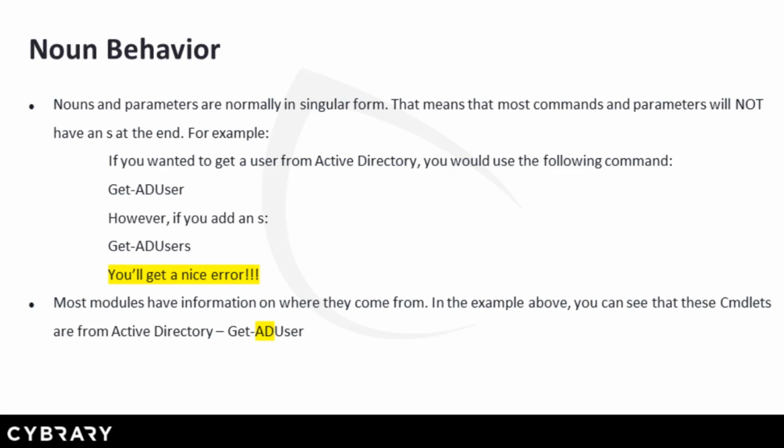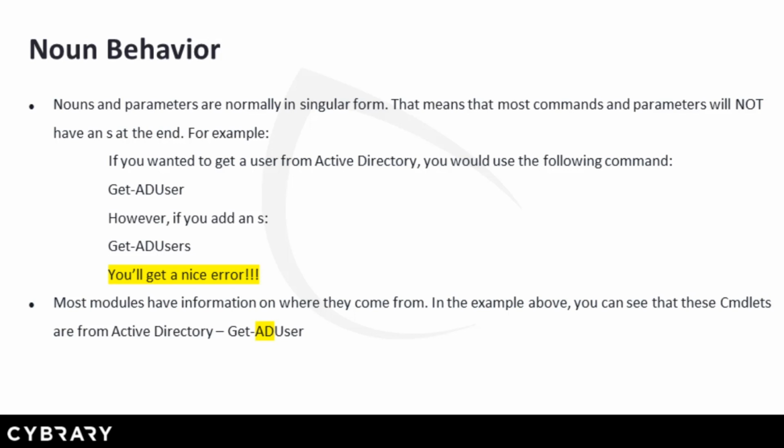However, if we added an S at the end and we did Get-ADUsers, we're going to get a big old nice block of red text that's an error and it's not going to be happy. So make sure when you're typing out this command that you look and see, is this one that has an S? Because those are very rare. Sometimes those are things like Get-Process or Get-Service, where the name of the item already had an S.